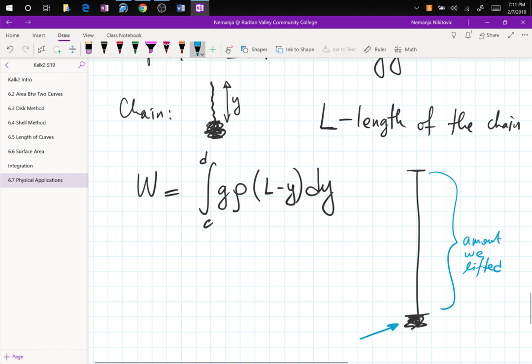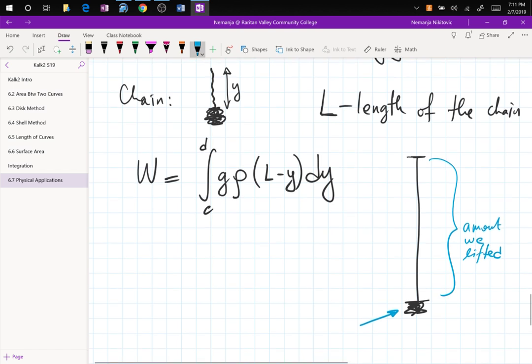Now, over here on the pile, there is the length of the chain minus the amount y that we lifted. Does that make any sense? Now, if I want to follow a particular point on the chain going up as you lift the chain, that point will travel up as you lift the chain.